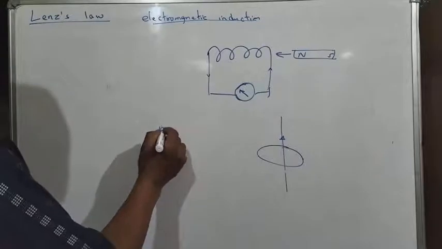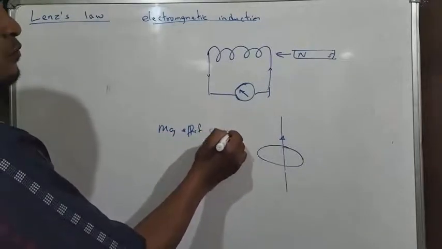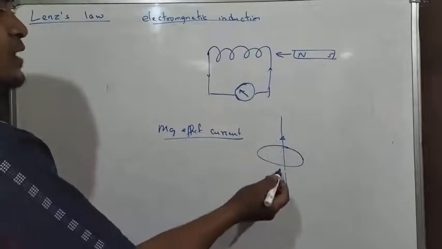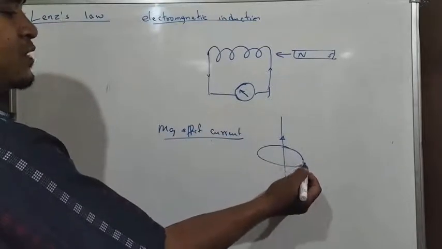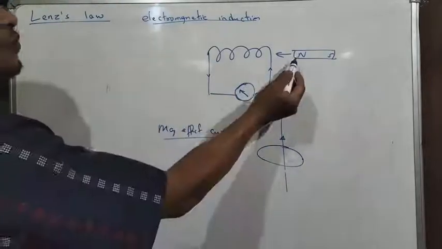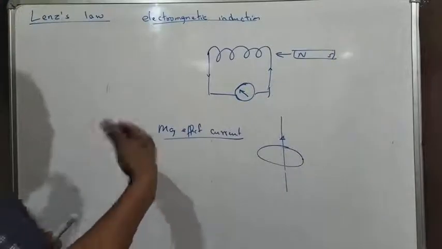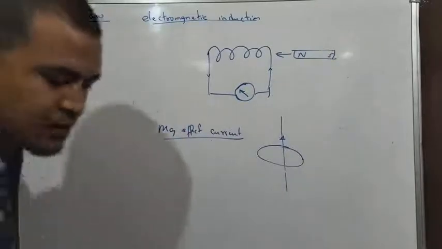In the magnetic effect of current we get a magnetic field from the current, but in electromagnetic induction we get current from the magnetic field. So it is just the opposite of the other.